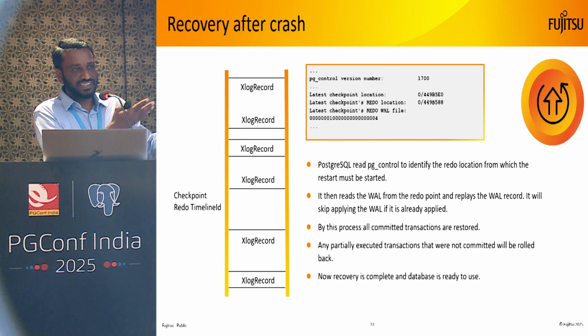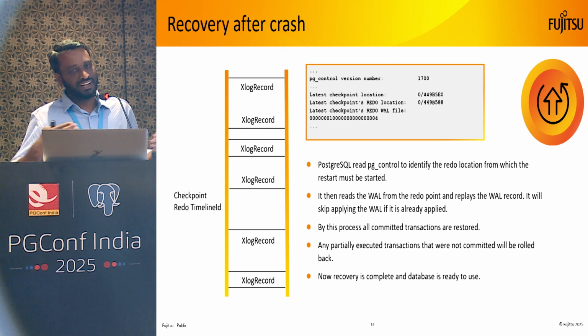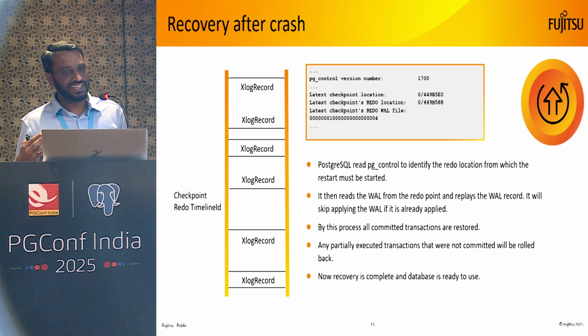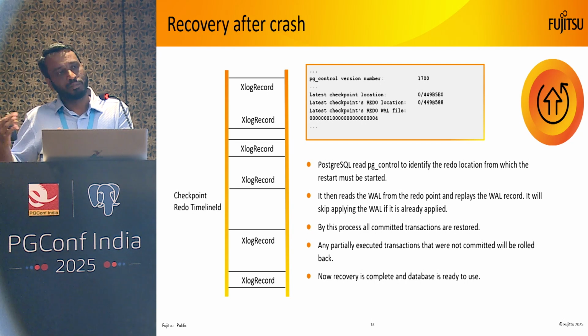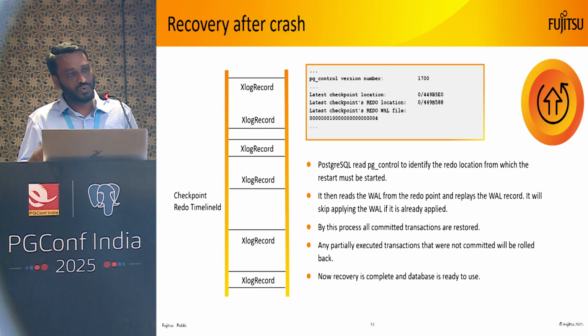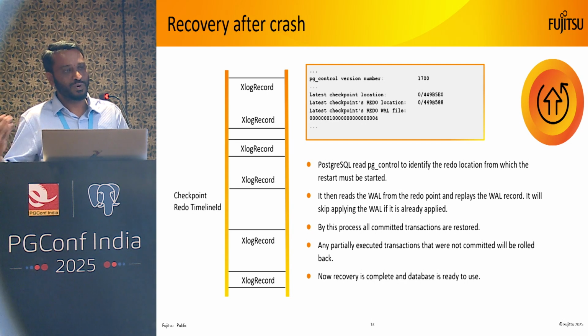So let's say you are inserting 1,000 records, right? The information of the 1,000 records will be present in WAL, and let's say after 1 hour you committed. For replication also, this WAL content will be sent. But only when you get the commit record, it will apply this transaction in the standby node. Until then, it is an open transaction.